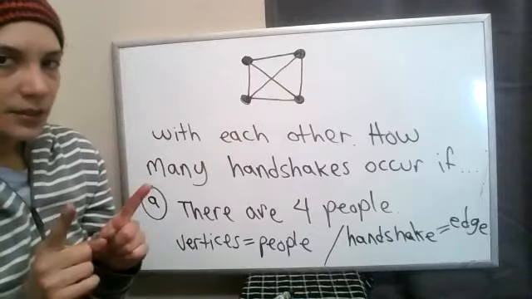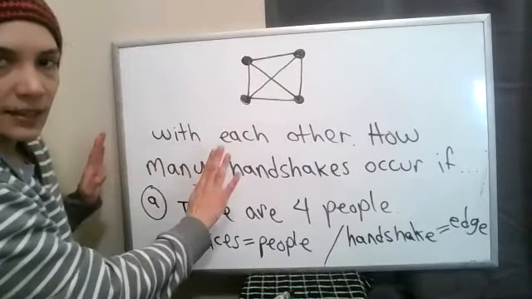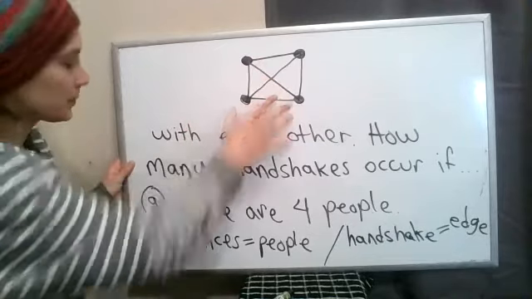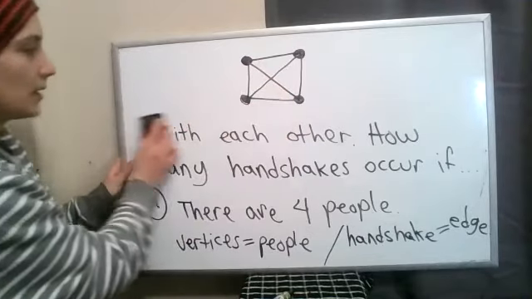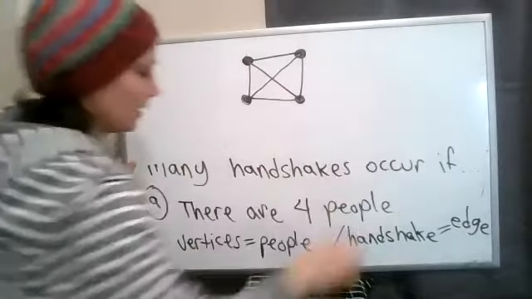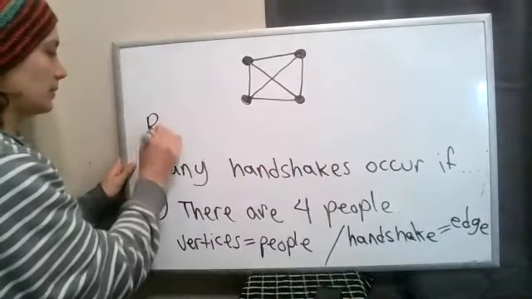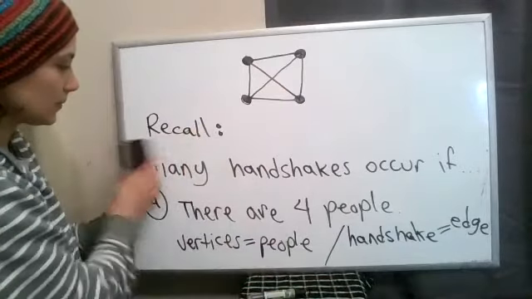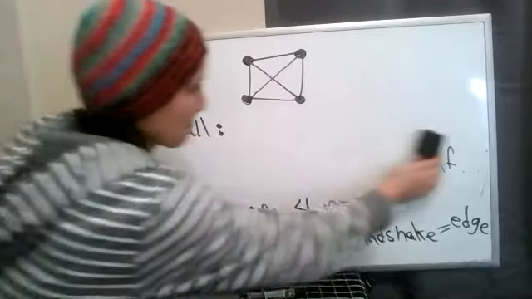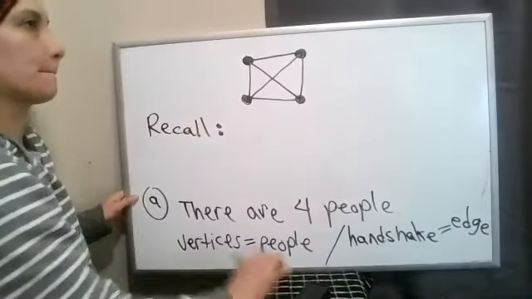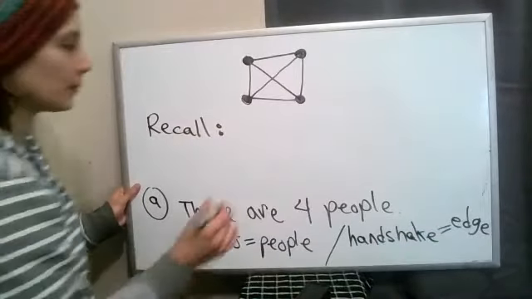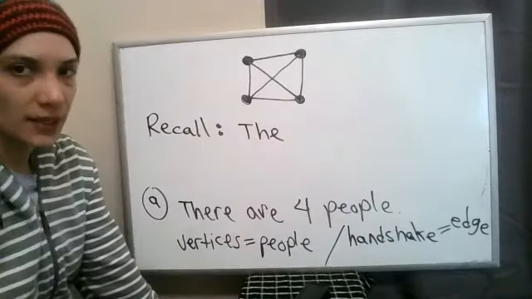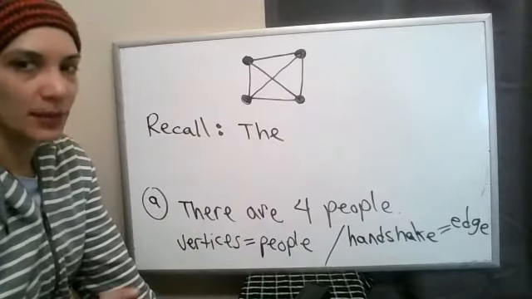So what I want to use is a theorem. We're going to restate the theorem, but also from a picture, at the end, we can check by counting. Okay, so this one. The number of edges is half of the sum of the degrees.